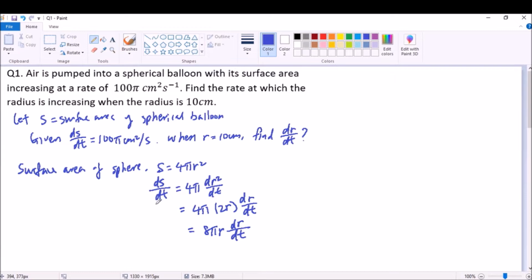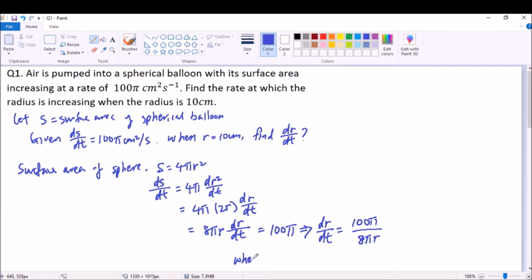We know that dS over dt is given as 100 pi cm squared per second. So we equate 8 pi r dr over dt equal to 100 pi. And this gives us dr over dt equal to 100 pi divided by 8 pi r.